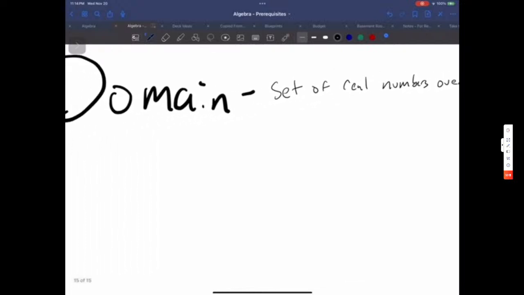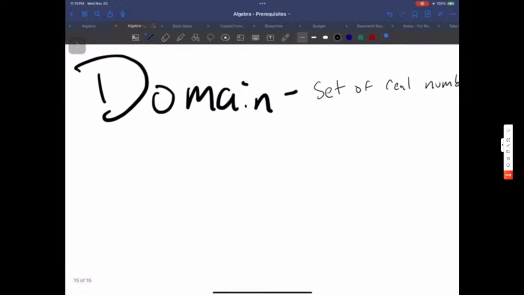Two algebraic expressions are equivalent if they have the same domain and yield the same values for all numbers in their domain. For example, just as we saw in the last section, x plus 1 plus x plus 2 is equivalent to 2x plus 3, because for all x, they will yield the same answer.